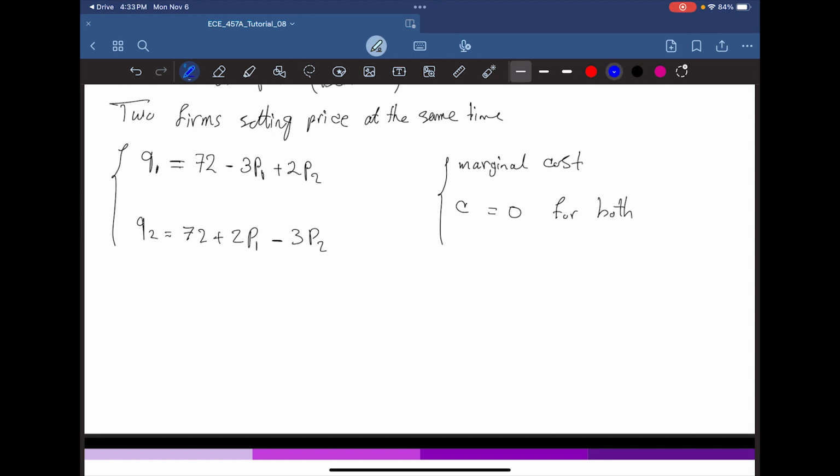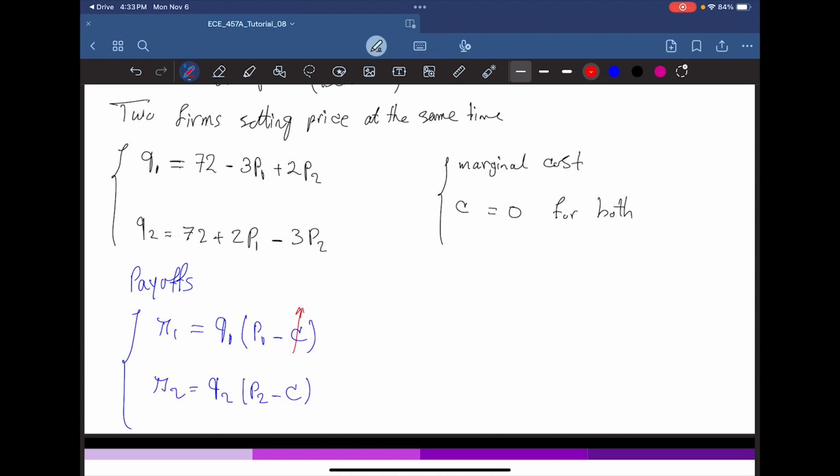All right, so the first step is to write the payoffs. For the first company, that will be Q1 multiplied by P1 minus C. For the second company, that will be Q2 times P2 minus C. And we also mentioned that the marginal costs are 0.